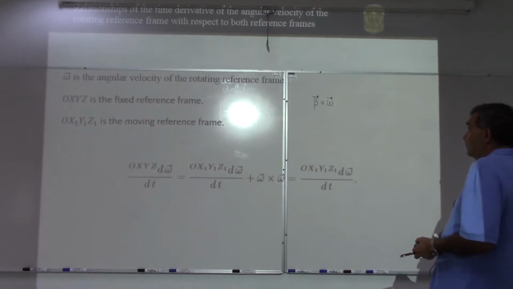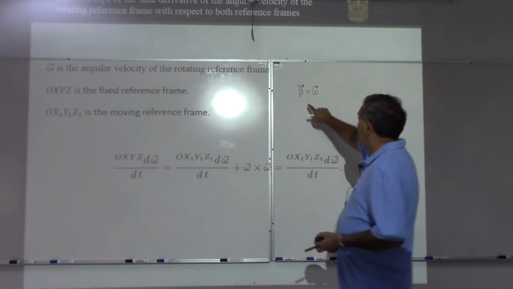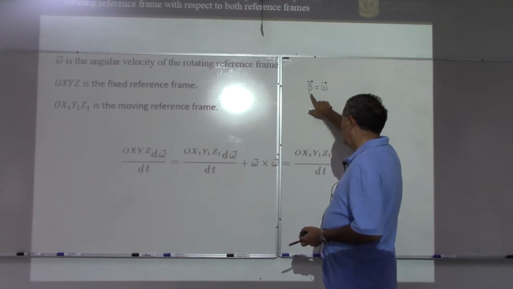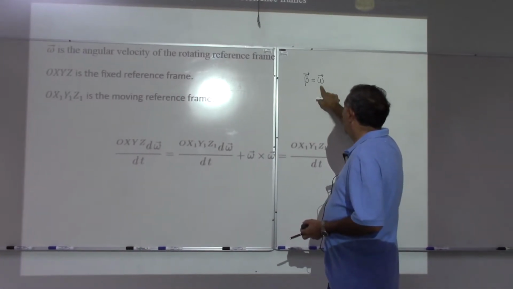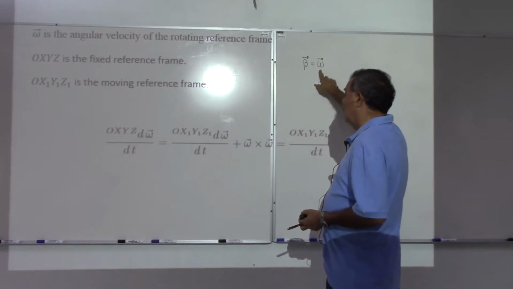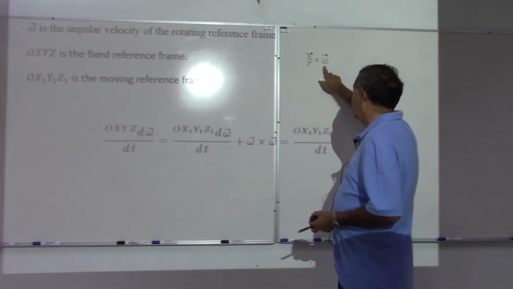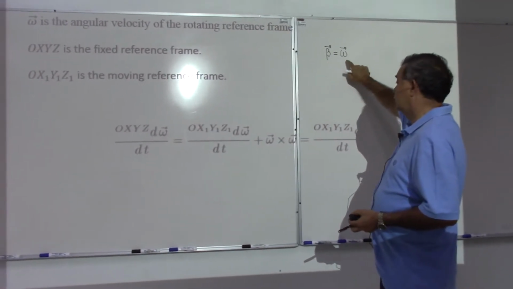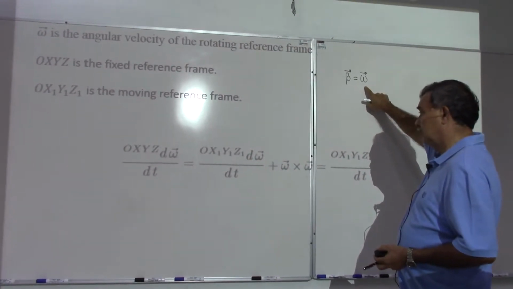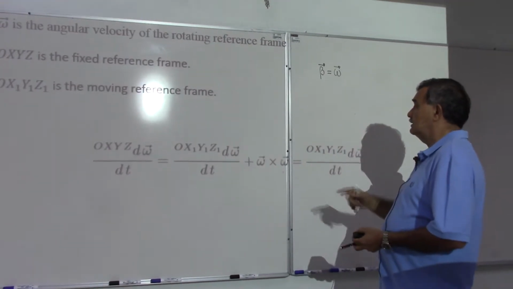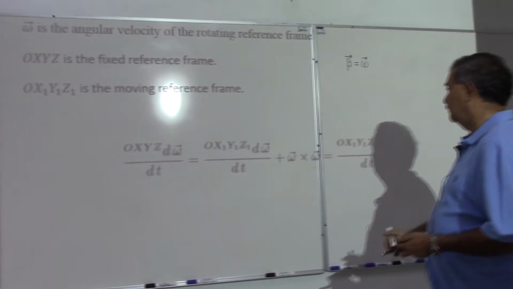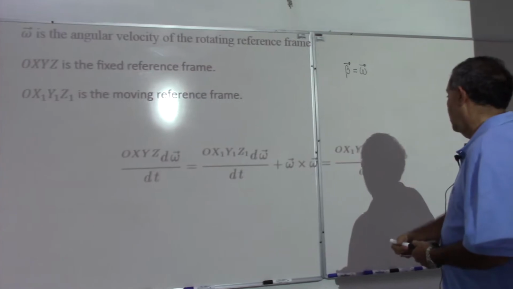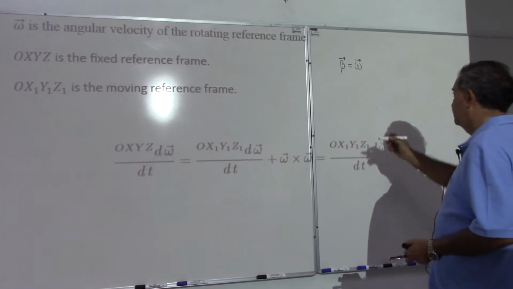A similar result can be obtained if we assume that the vector function beta is now the angular velocity of the moving reference frame. In this case, beta is equal to the vector omega, and using the expression that we previously developed, let me just write it for reference purposes.